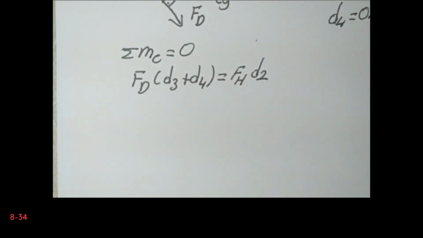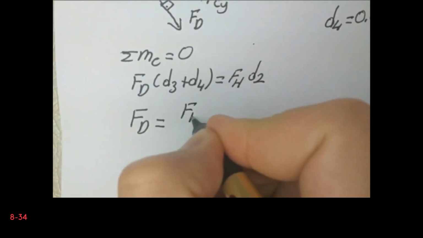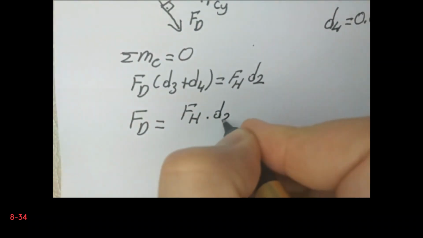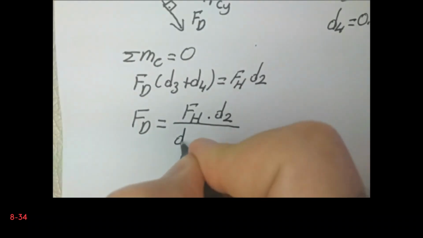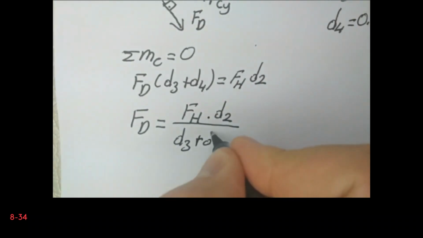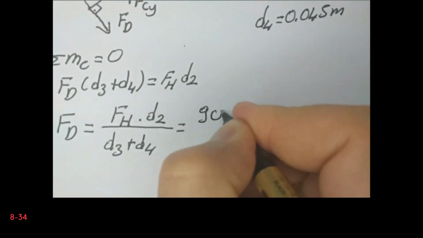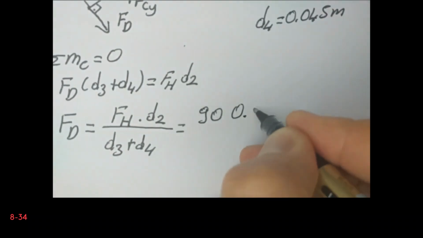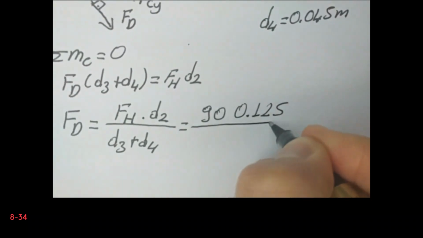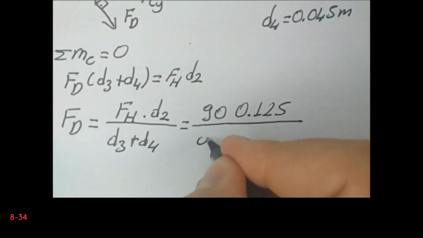So from here we can calculate Fd. Fd is equal to Fh multiplied by D2 divided by D3 plus D4. So Fh is 90, D2 is 0.125, D3 is 0.02, and D4 is 0.045.